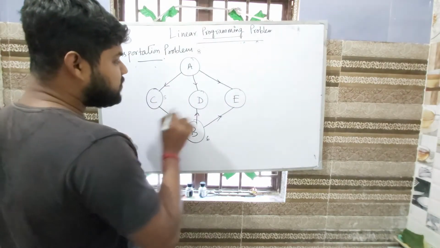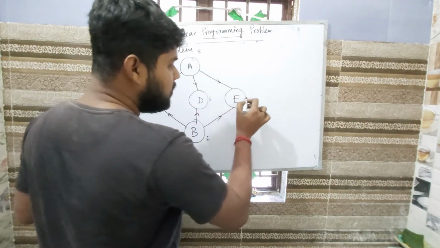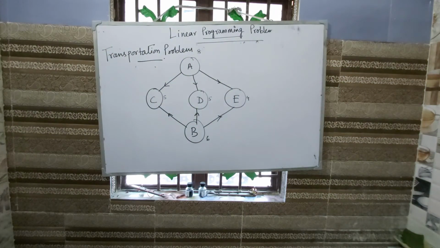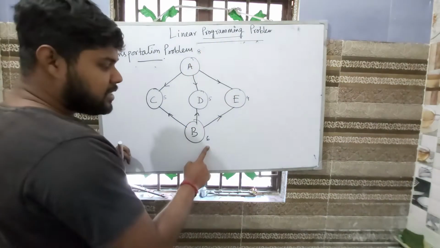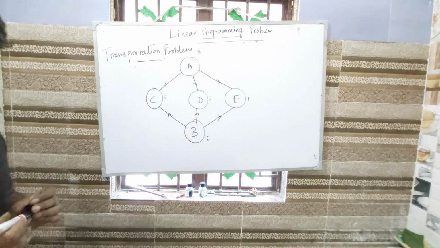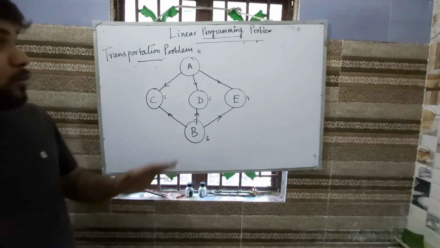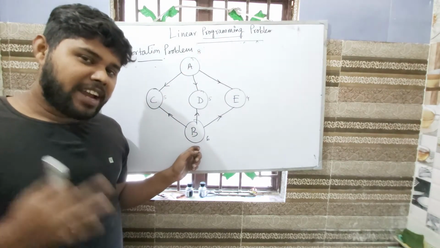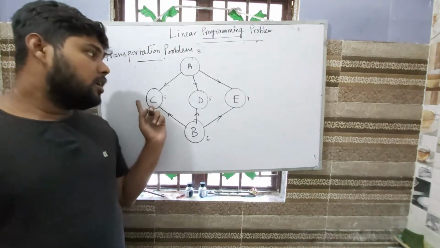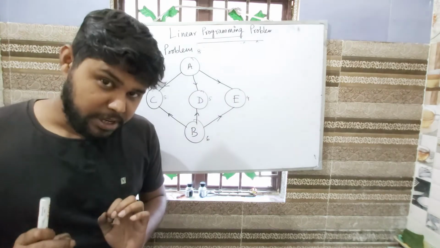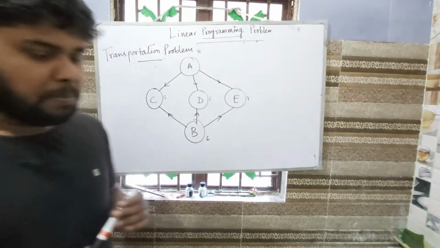So C requires 5, D requires 5, E requires 4. Right? You see 8 plus 6 is 14, 5 plus 5 plus 4 is also 14. So that means that whatever the total amount of commodities the factories have, the depots have the exact same requirement, that has to be equal.